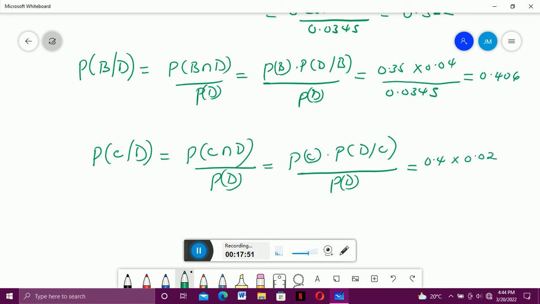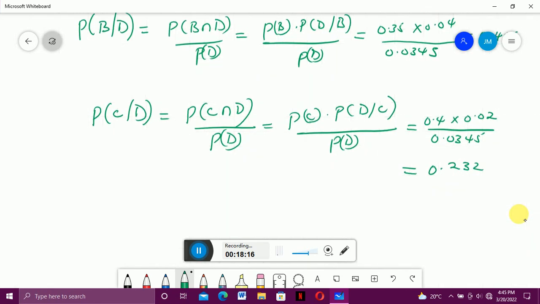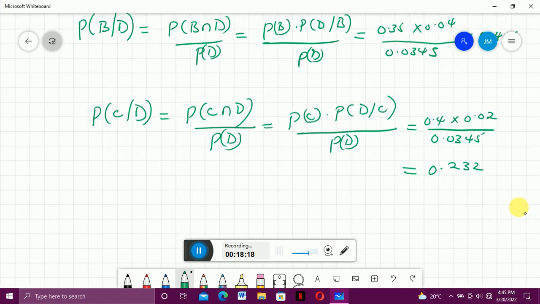The probability that it's defective is 0.02. And the total probability is 0.0345. When you work that out, you get 0.232.